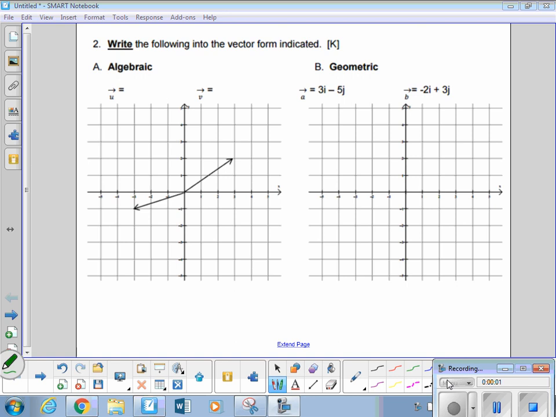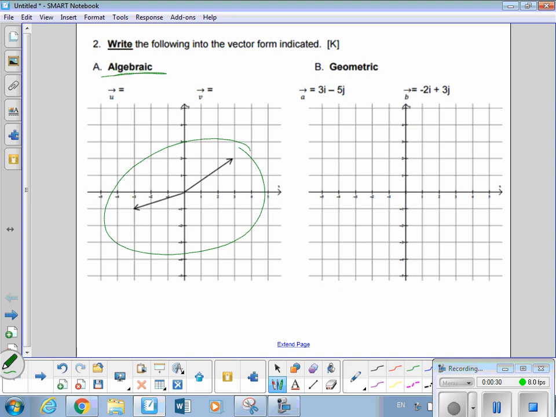Okay, when you first see this question, it looks a little bit daunting, but it's just again different ways that we can indicate vectors. So the first one says, I want you to change this geometric, and so the geometric part is this, okay, because it's drawn, and I want you to translate those two vectors into an algebraic vector.